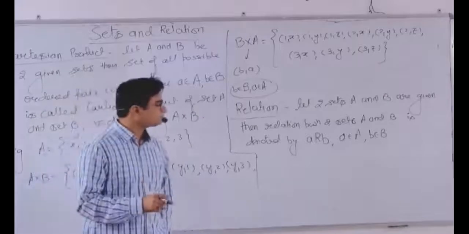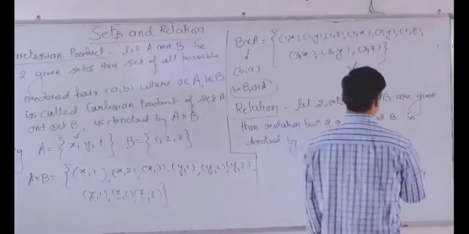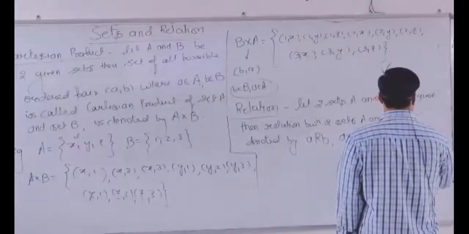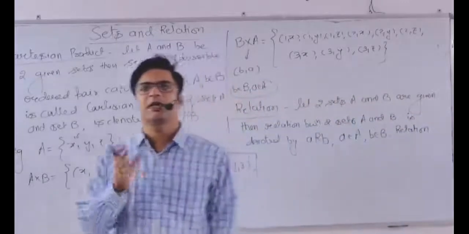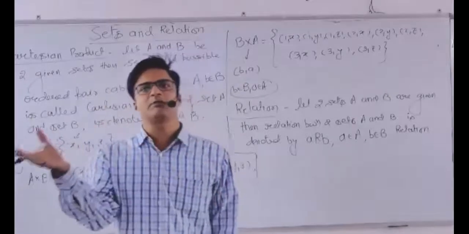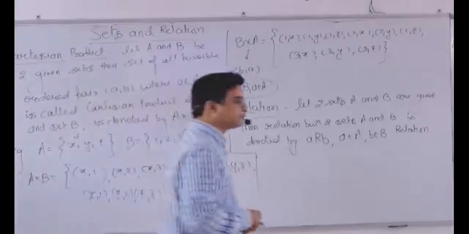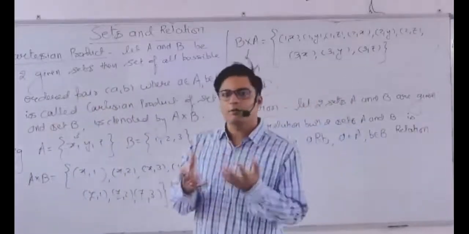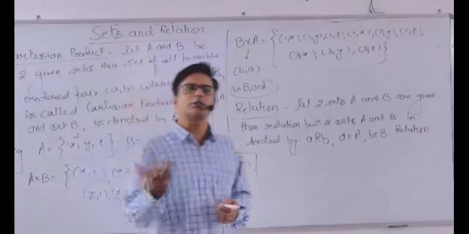Now, what is a relation? In simple words, a relation connects one element of set A with some element of set B. It is basically a connection. Like, all of you are connected to KVC, yes or no? All of you are students of KVC.